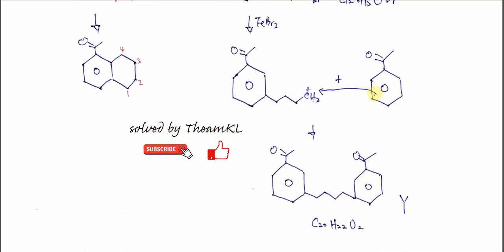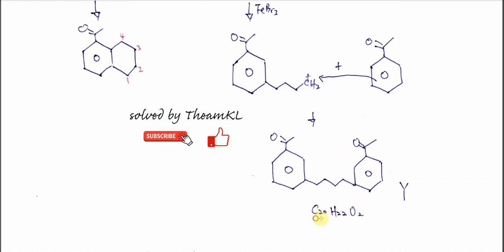Again the electrons from the benzene are donated to this carbocation and form a new bond, and eventually after electrophilic substitution it will form this compound. That's how you get the C20H22O2.